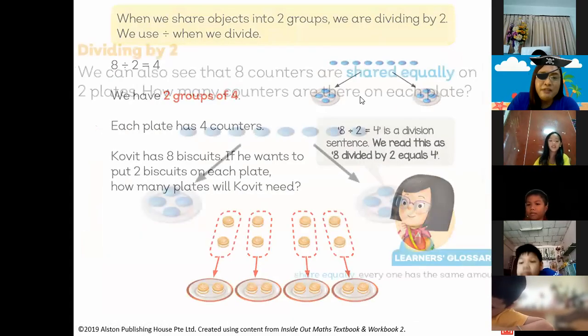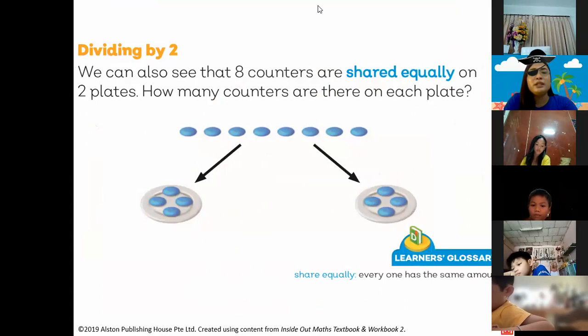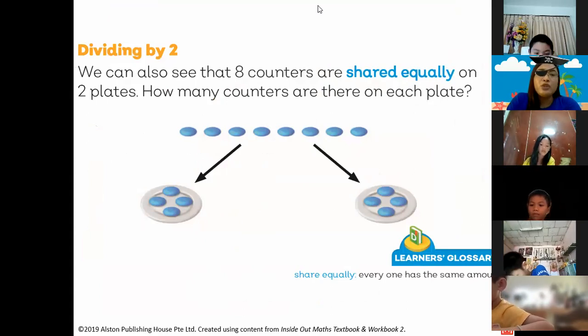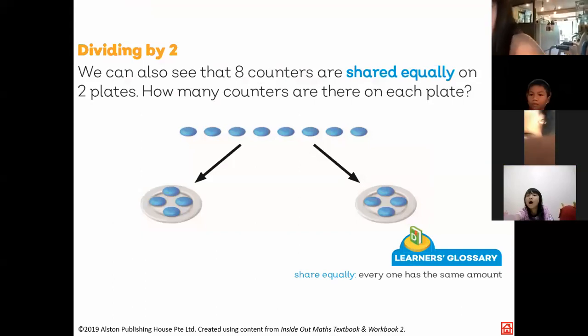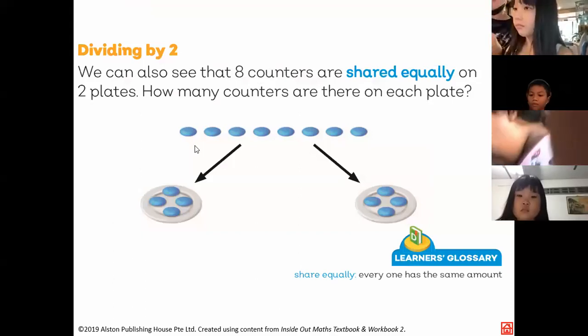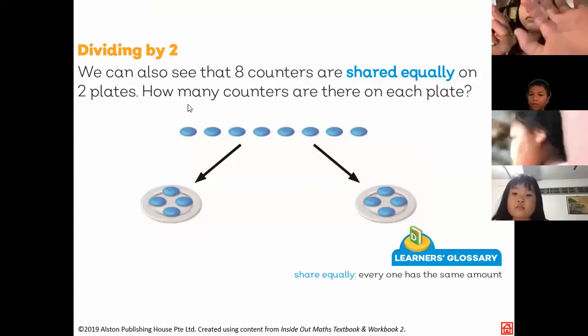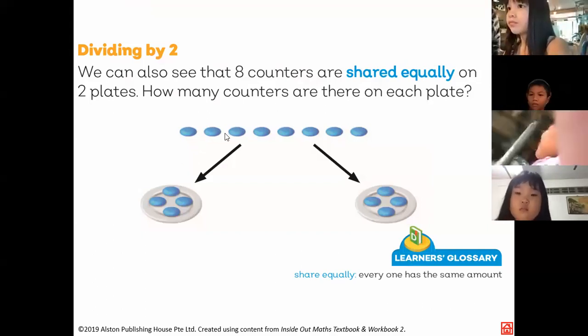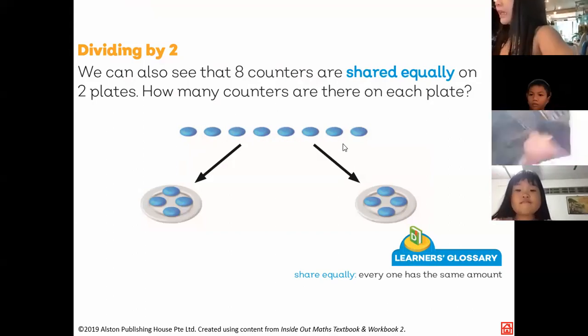Now let's try dividing numbers by 2, okay? So we can also see that 8 counters are shared equally on 2 plates. So how many counters are there on each plate? We have 1, 2, 3, 4, 5, 6, 7, and 8.